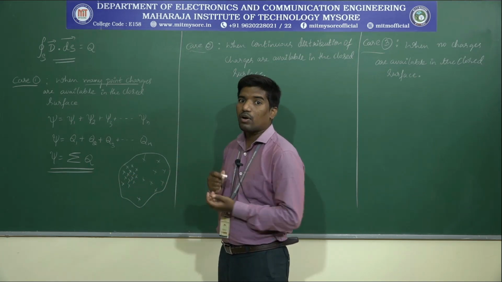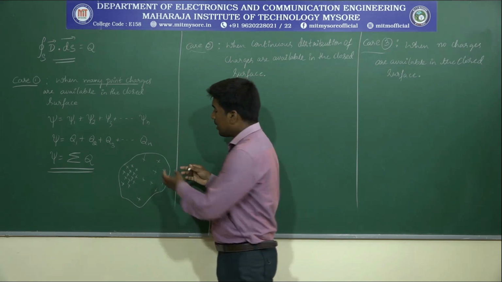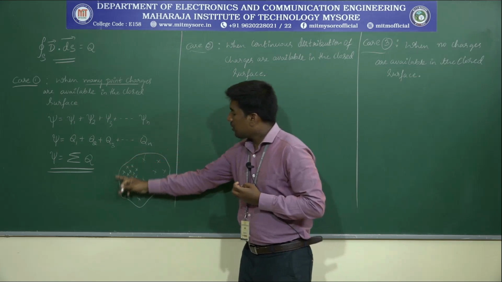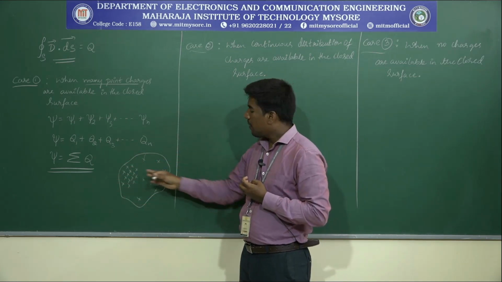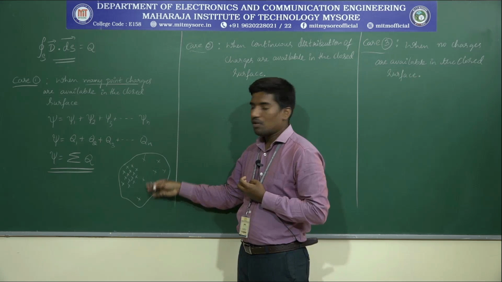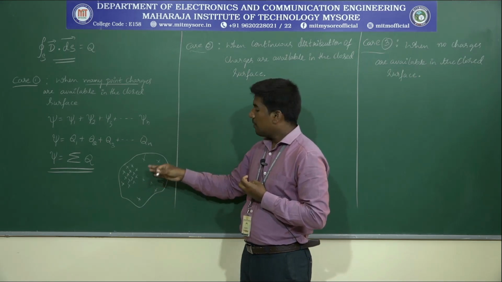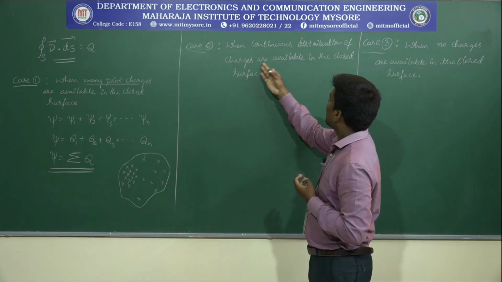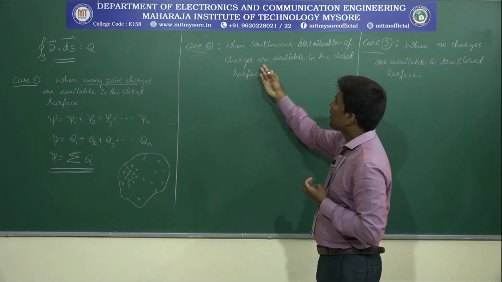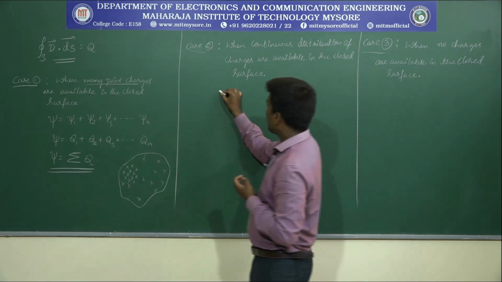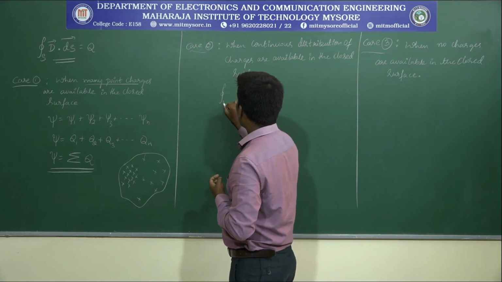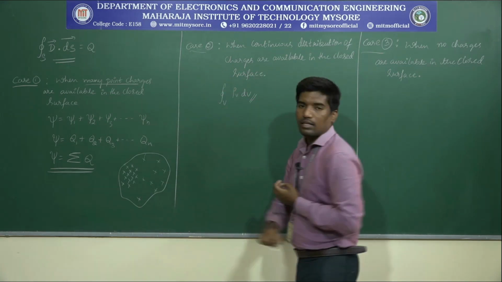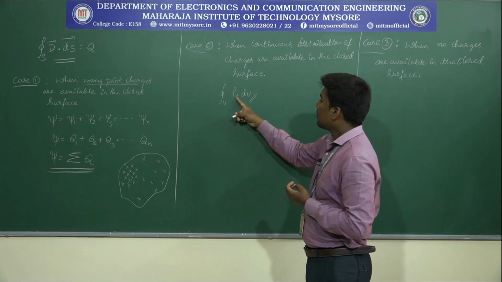Under that circumstance, what do we need to do? We need to consider charge density. When a closed surface has different charge densities within it, we need to consider the charge density component in order to get the equation for continuous distribution of charges. Then we need to consider the integration of rho v into dv. What is rho v?